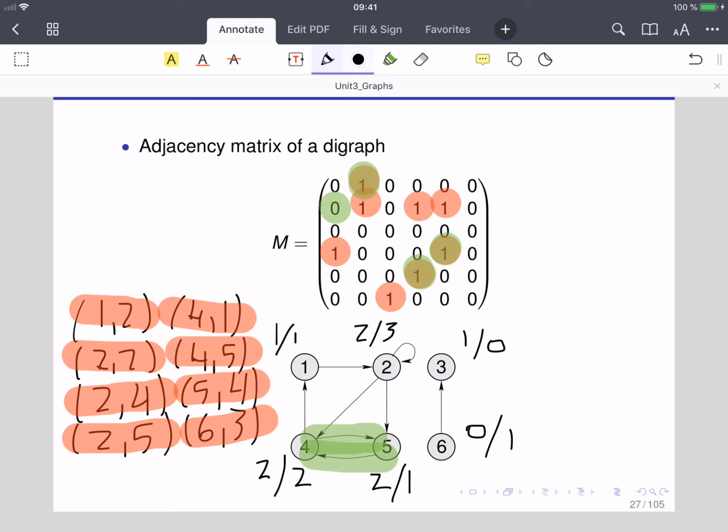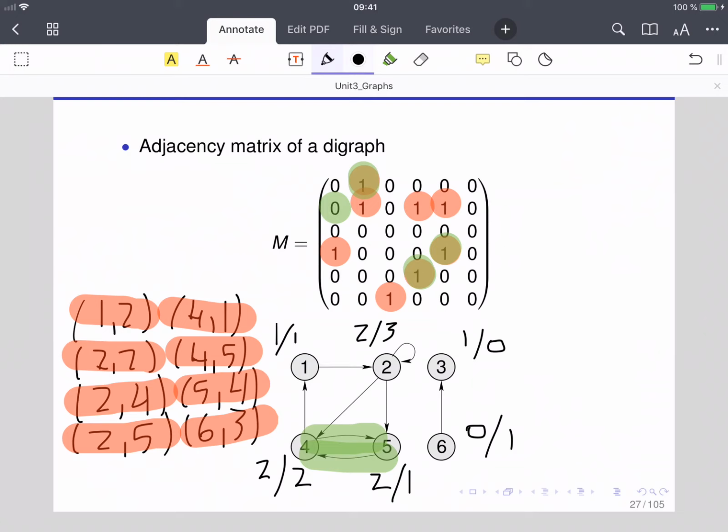Okay, so that is the number of edges that come out of that vertex, because adjacent vertices are those that we can reach from the given vertex. Okay, so in order to reach another vertex with an edge, we need the edge to come out of that vertex. So if we sum the rows, we should obtain the out degree of the vertex.